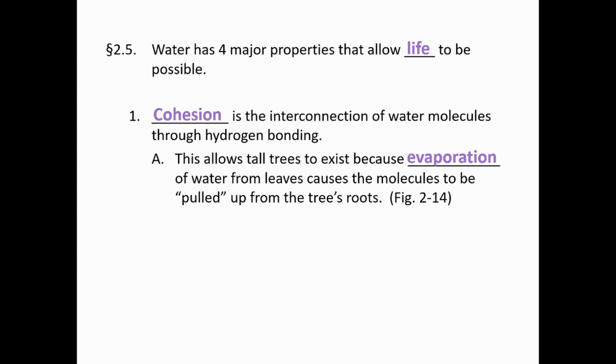As water leaves the plant, it's pulling water along with it, and so it's constantly moving through the plant. So cohesion is a really, really important property. Plants absolutely rely on this property just to move water through their systems.